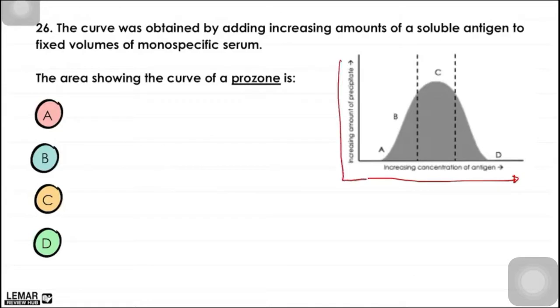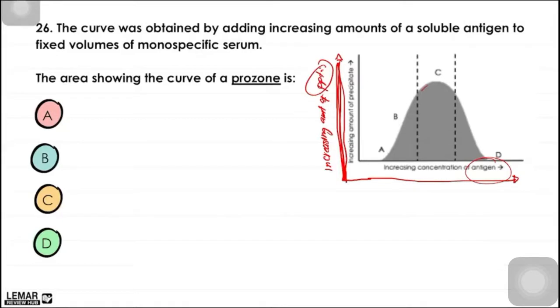On the y-axis, it shows the increasing amount of precipitate. And remember, how do we get a precipitate? Once there is antigen, there is a reaction with an antibody. Antigen-antibody reaction produces precipitates. So here we have a bell curve graph.